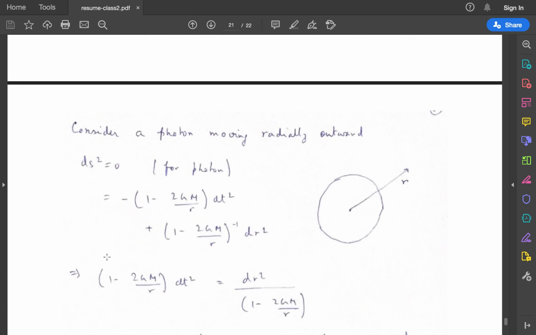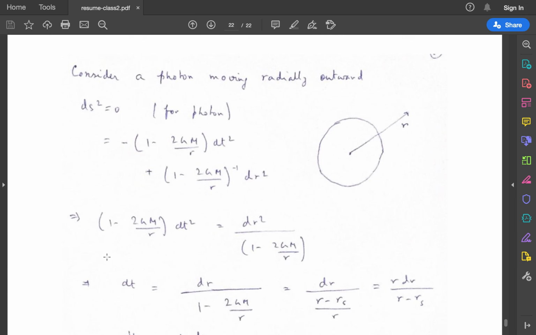Next, let us assume, this is the initial part of why a black hole is a black hole. We will be talking about black holes in much more detail later, but let us take a simple and small example. Consider a photon moving radially outwards.